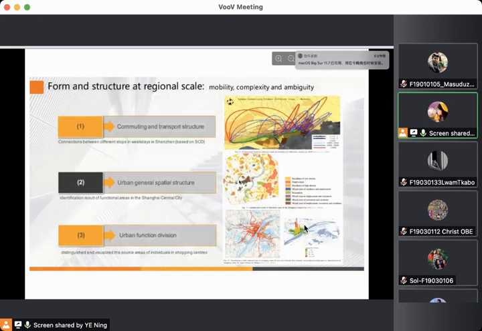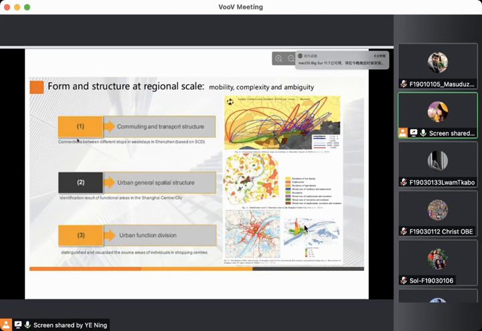Okay, and here, look at these figures. This comes from mobility, complexity, and ambiguities. This means we can analyze big data to get the commuting and transport structure, like in smart cities, right?